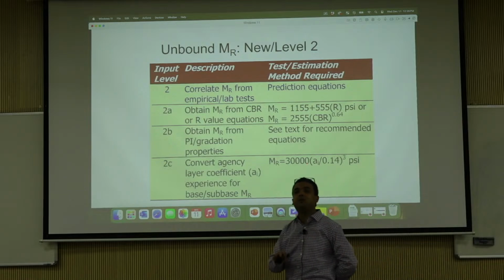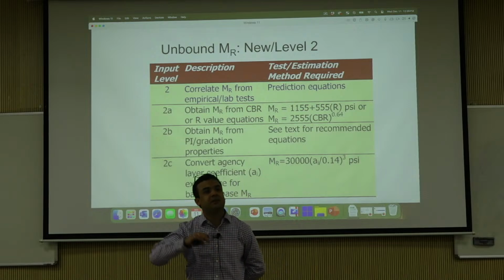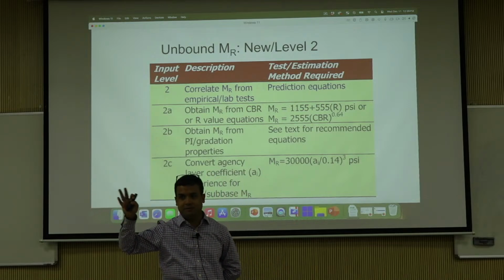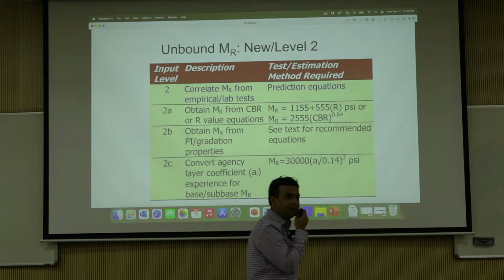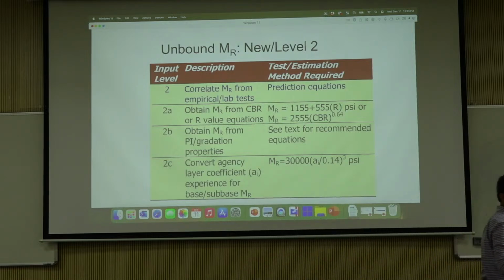So now you are trying to relate structural coefficients to resilient modulus, which is a little bit far-fetched. But again, if you don't have anything, you have to do something, right? I don't agree this is really level 2, because A is not really something you determine by testing anyway. A is kind of an iffy parameter.